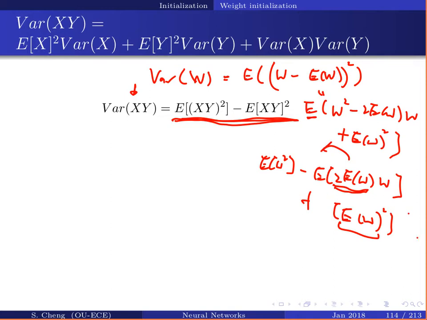Then you have 2 expectation W times expectation W, which gives you 2 expectation W squared. So these two cancel one of them. Therefore you have expectation W squared minus expectation W squared.